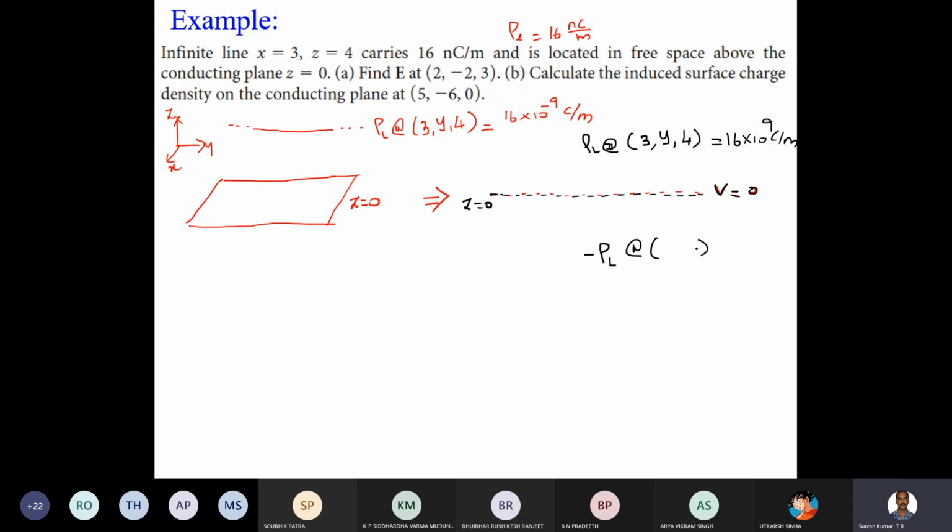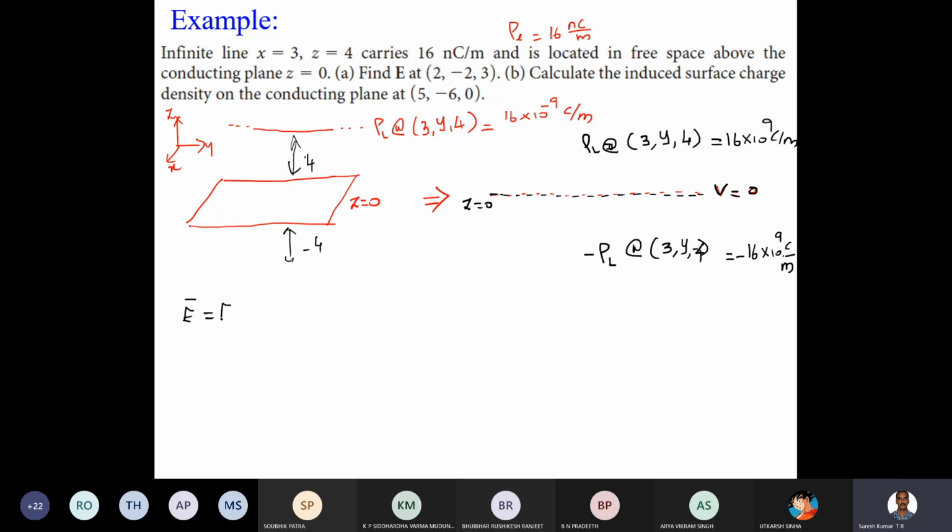So what should be the value here? 3 comma y comma minus 4. Correct. So it is 3 y minus 4. Right, because the height above it's a 4, so below it should be minus 4. That's why.